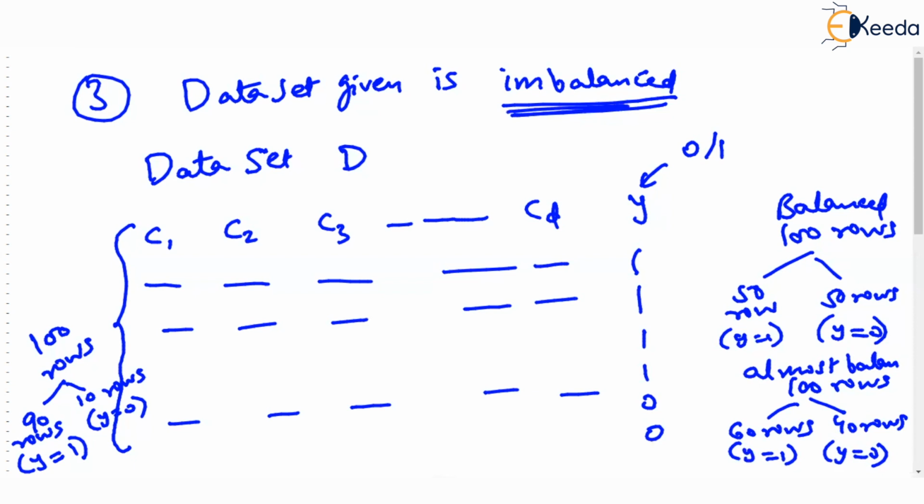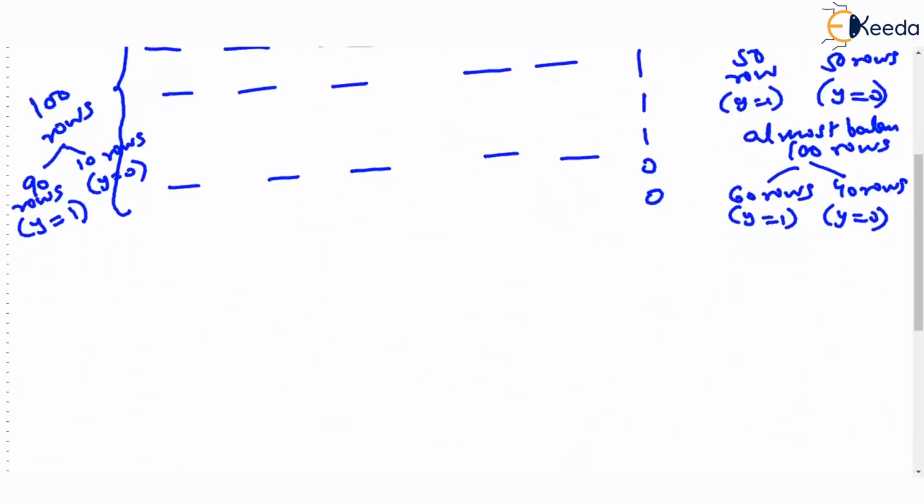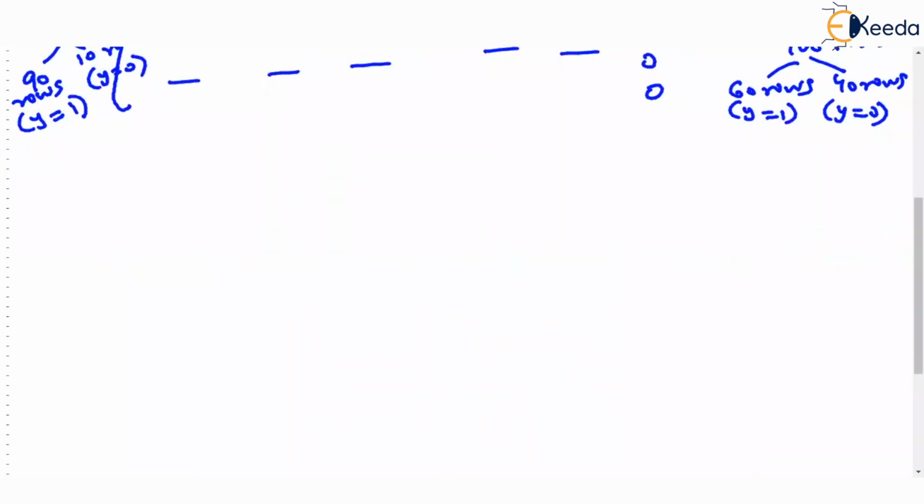Okay. Now, what happens if the data set is imbalanced? Let's see. Imagine these blue points are class 0. These are class 0 points.